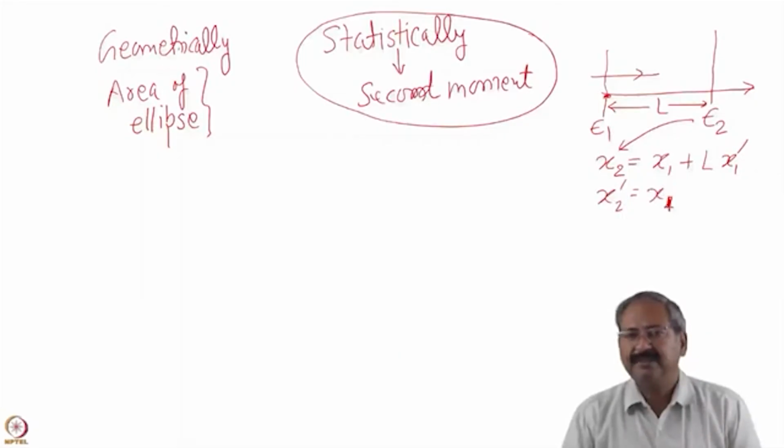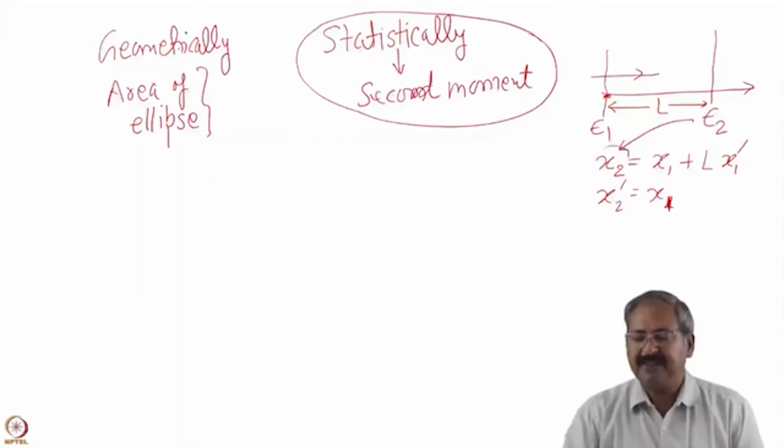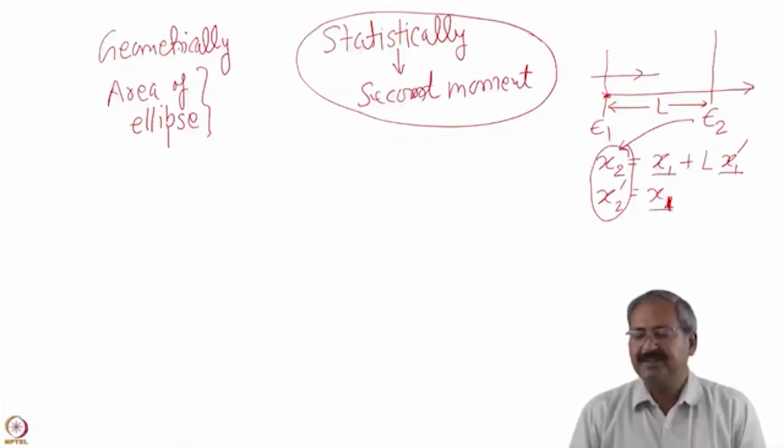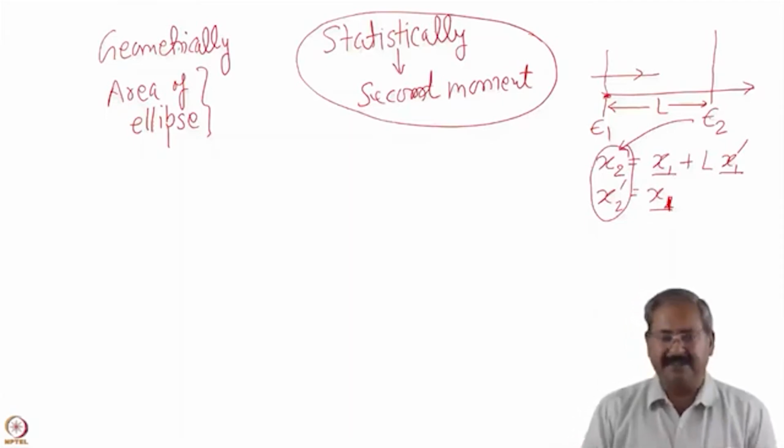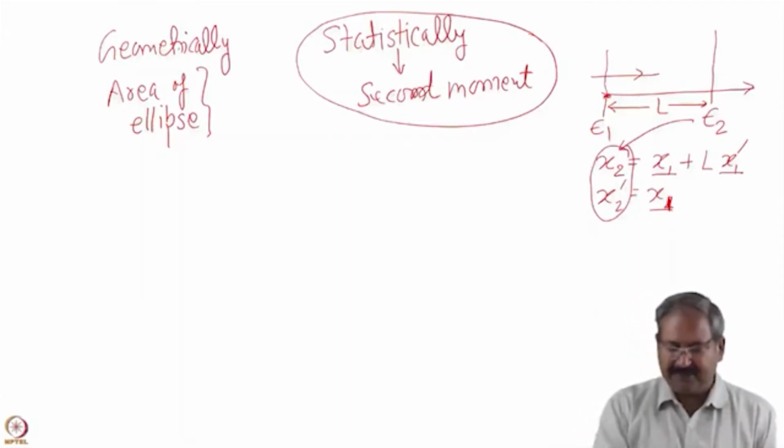What we have done is applied the transfer matrix of the drift, so we can write x2 and x2 prime in terms of x1 and x1 prime. So now at the location s equal to s2, we calculate the RMS emittance. So what will be the RMS emittance?